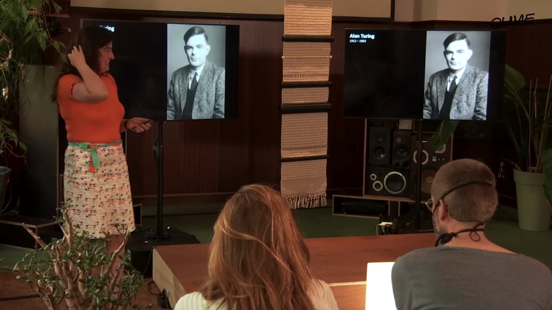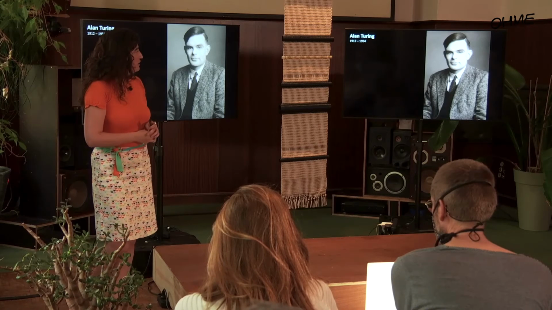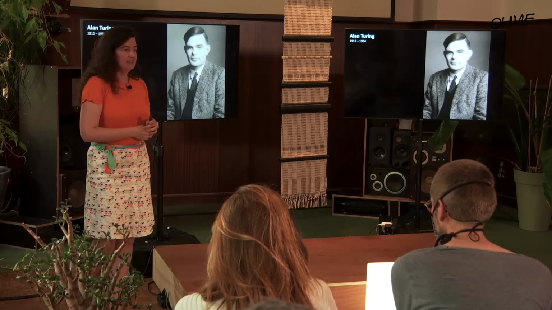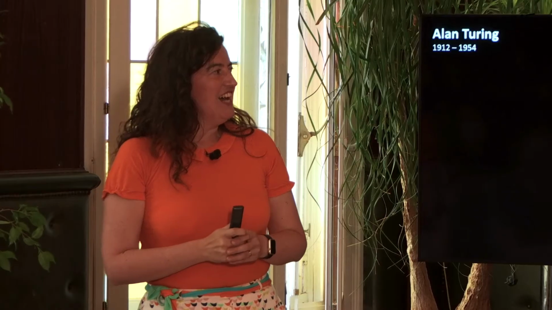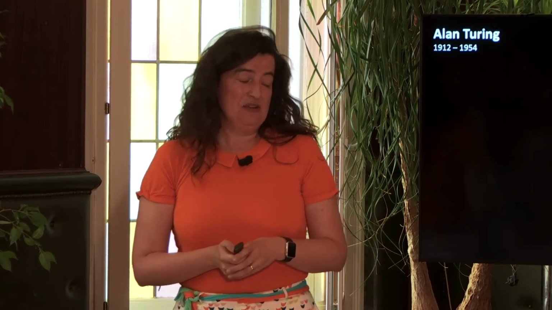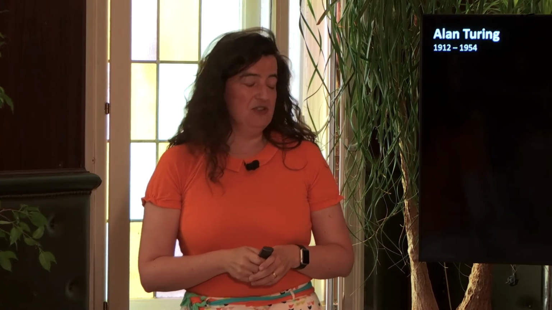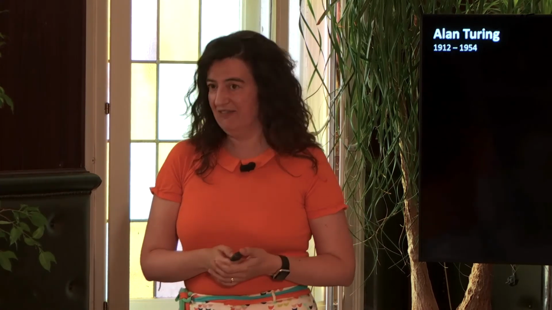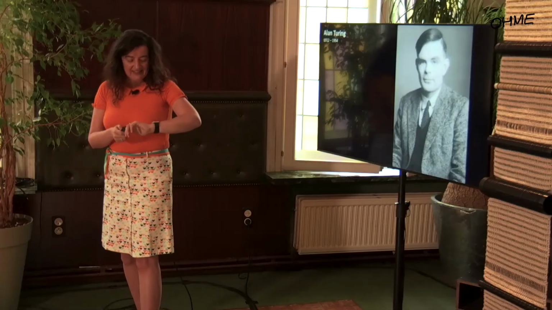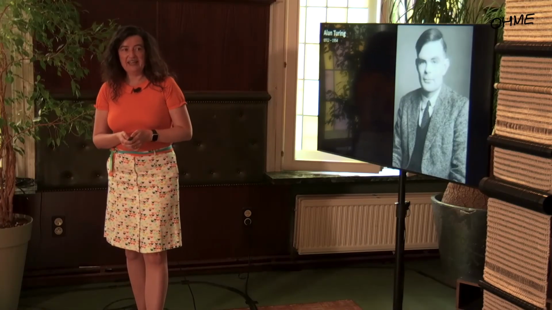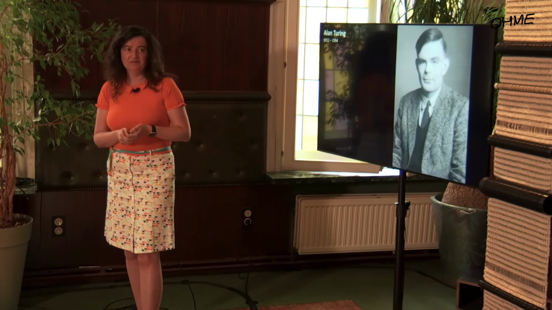And actually, since, I think, yesterday, in the United Kingdom, the pounds have his image on. So Alan Turing is also a very famous mathematician who was not famous when he was alive, only after. And he actually worked on that last question.